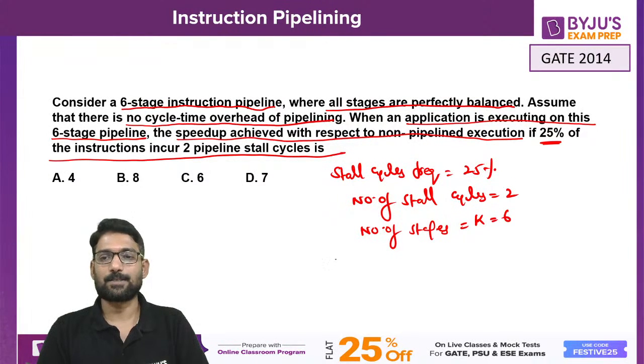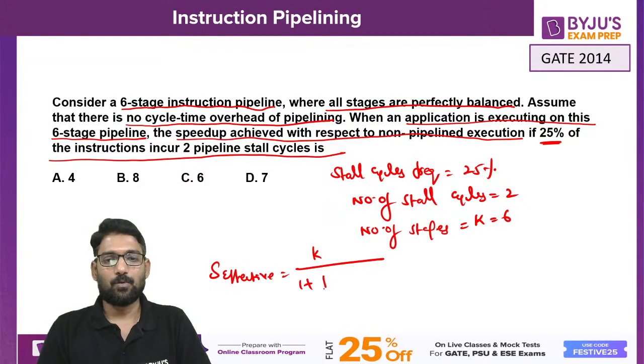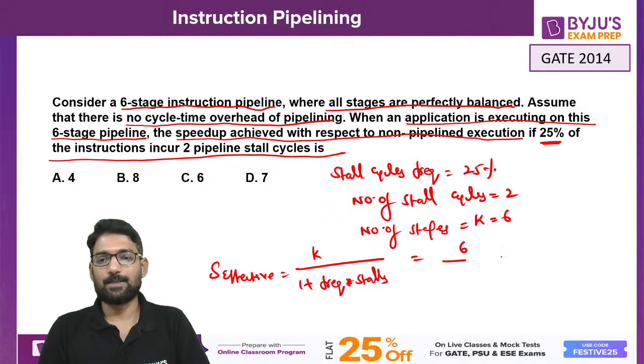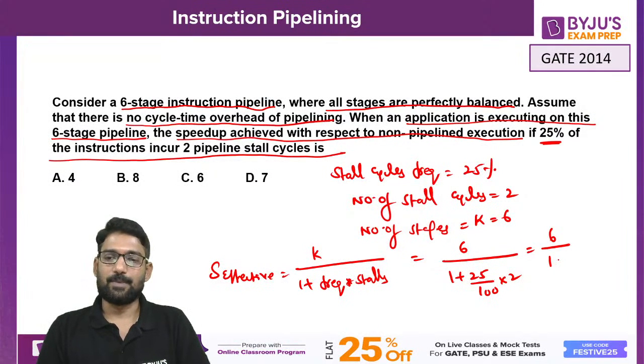So the number of stages K is 6. So we know the effective speed up is K divided by 1 plus frequency into number of stalls. So that is 6 divided by 1 plus 25 by 100 into 2. 6 by 1 plus 50 by 100, which is 5 by 10, 0.5.